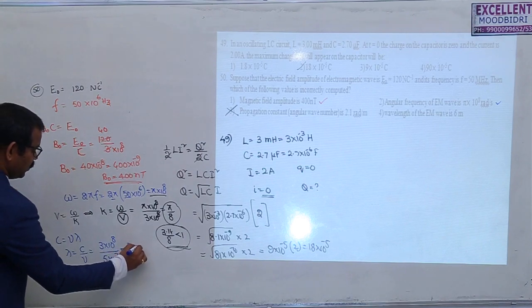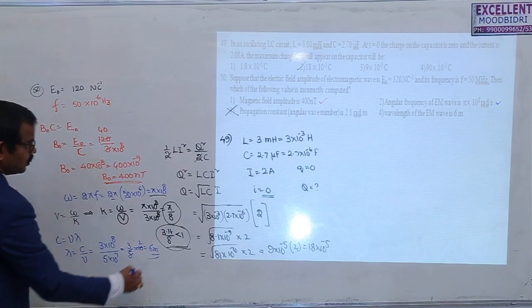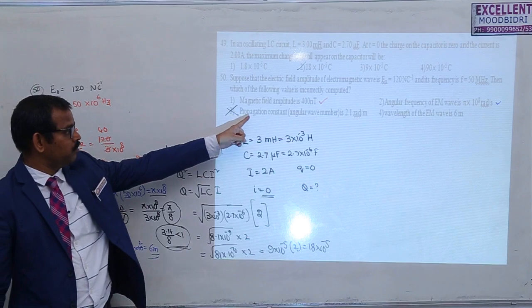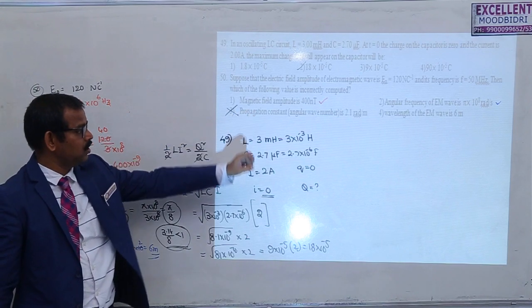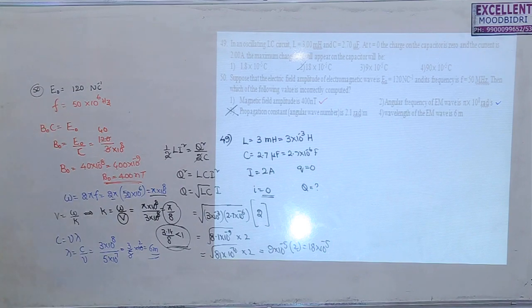So this is 3 by 5 into 10, that is 6 meters. So even the fourth one is correct. That's why the correctly computed value is the propagation constant, also called angular wave number.